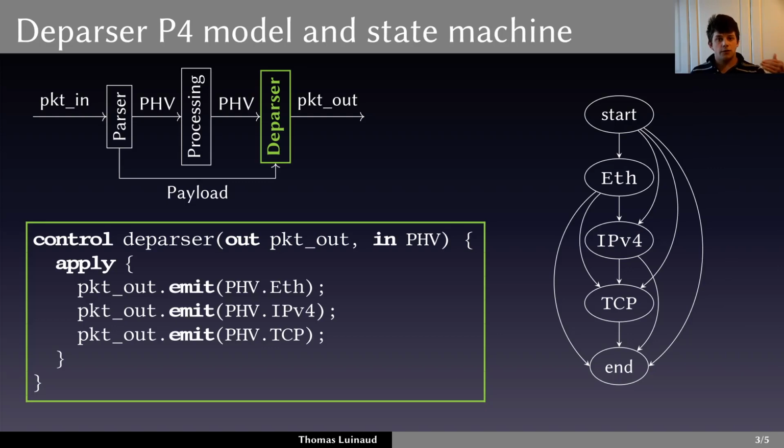Since it's just the order in which headers should be emitted, it doesn't mean that each header must be emitted. It just says that if a header exists, then it should be emitted before the other one. So, as an example, if there is an Ethernet header, then phv.eth should be emitted. And then if an IPv4 header is present, the IPv4 header should be emitted, etc., etc.